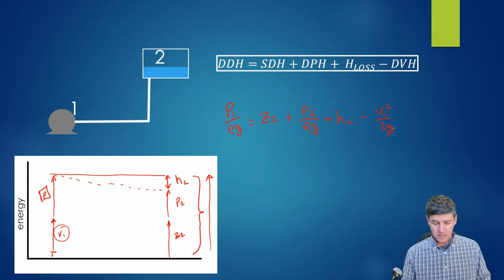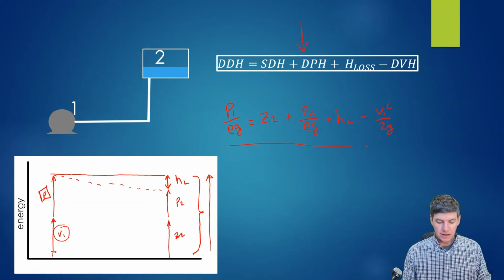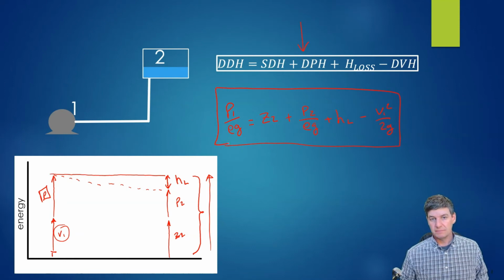And as we take a look, that's equivalent to the equation that we came up with. So sometimes it's easier for us to see that on an energy map like I've just drawn there. As we move from one side to the other, we can come up with our equation for dynamic discharge head.